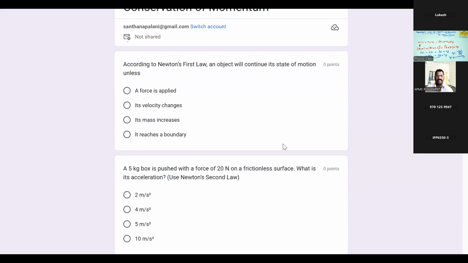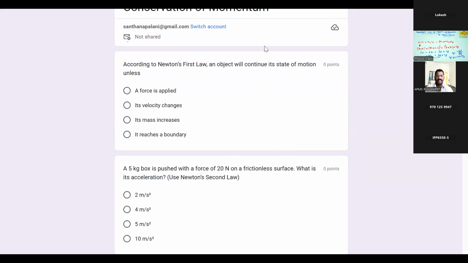First question. According to Newton's first law, an object will continue in its state of motion unless what? What is the answer? Very good, A. Applied force.